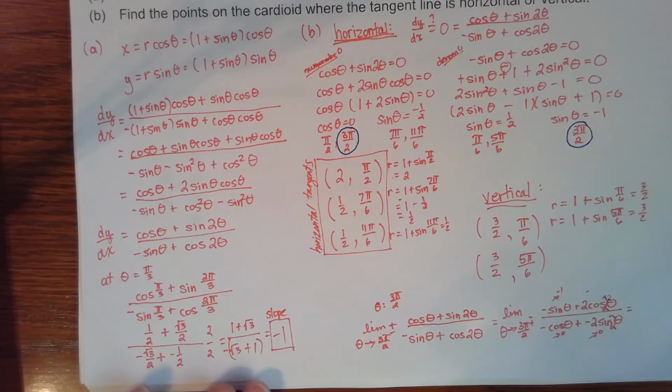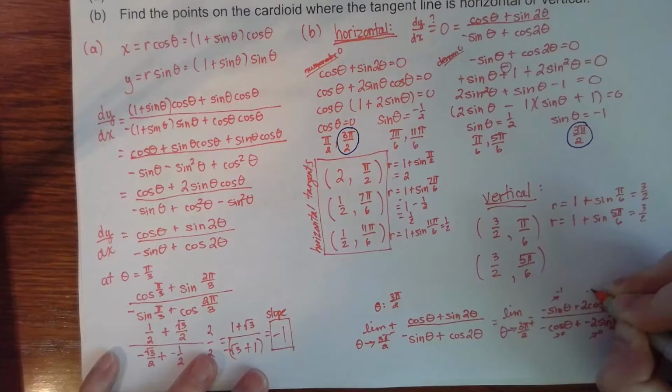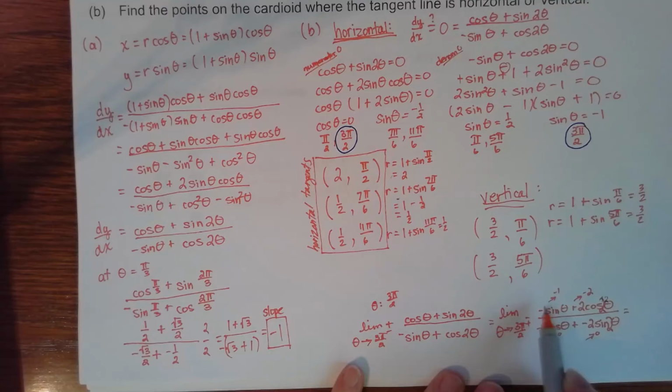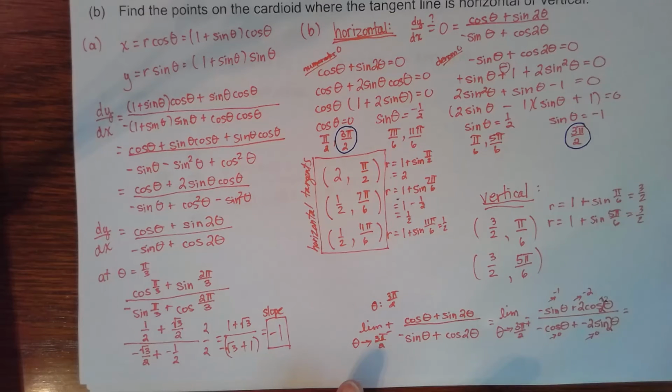And so we have to multiply that by 2. So this one's approaching negative 1 and this is approaching negative 2. And so we have a 0 value in the denominator and a nonzero value in the numerator. This is going towards infinity. It could be positive or negative infinity depending on whether you're approaching from the left or right, but at least we know it's going towards infinity.